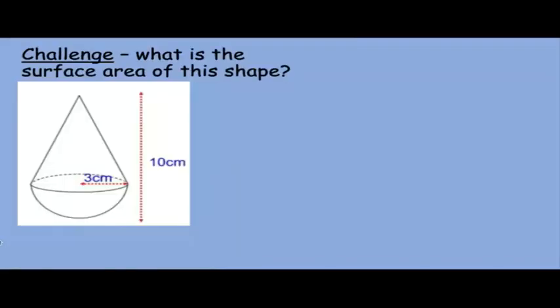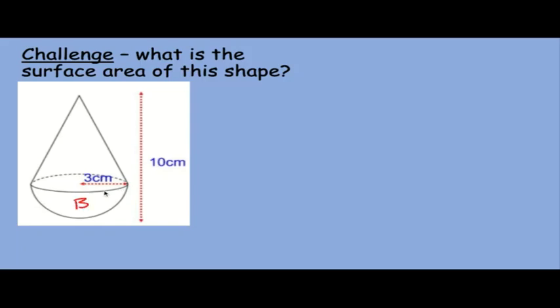And we'll have a look at the challenge. Okay, so let's have a look at this challenge question now. A lot going on here. If you think about this shape here, it's split into two parts. We've got a hemisphere here, or half the sphere, and we've got this cone sat on top of it.